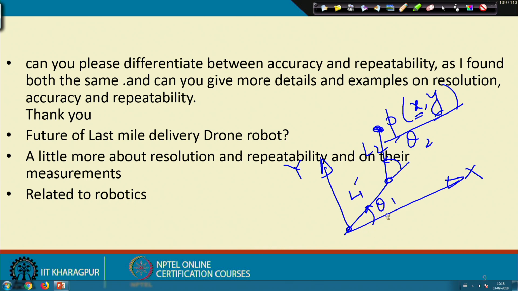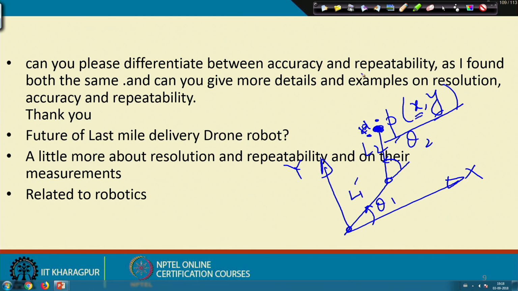Even if we are using a servo controlled motor, there is no guarantee that it is going to reach exactly this particular point. There is a possibility that the robot may reach some other point nearby. This particular difference is nothing but the accuracy of a robot.